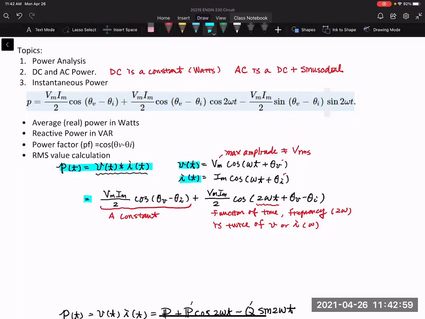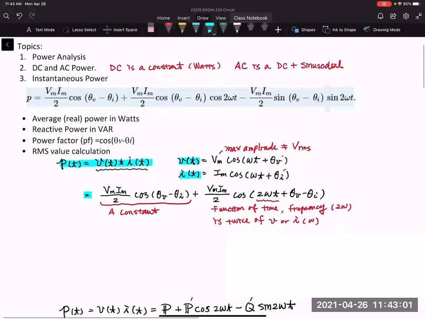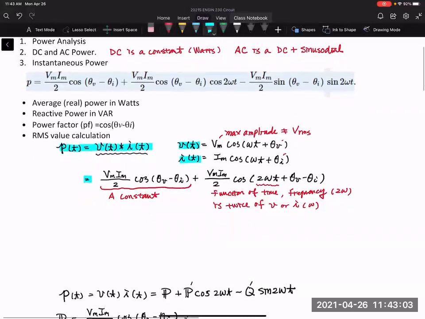And this second line tells you two things. One is this part here is a constant, which is like a DC, right? It's a fixed value. And this fixed value is not a function of time, okay?